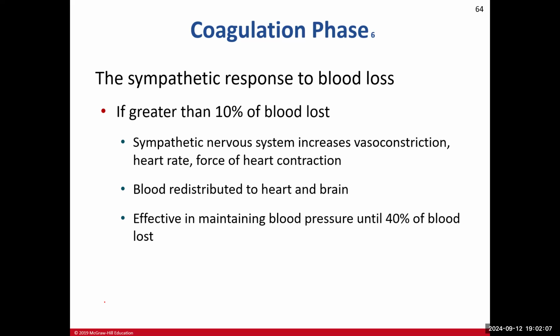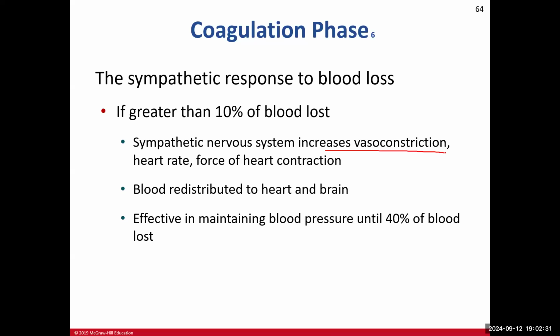Sympathetic does vasoconstriction, and then when you turn off the sympathetic, the blood vessel relaxes and returns to its original size. So you get vasodilation. So what we're going to see is when the sympathetic nervous system gets turned on, we're going to see a significant increase in vasoconstriction.